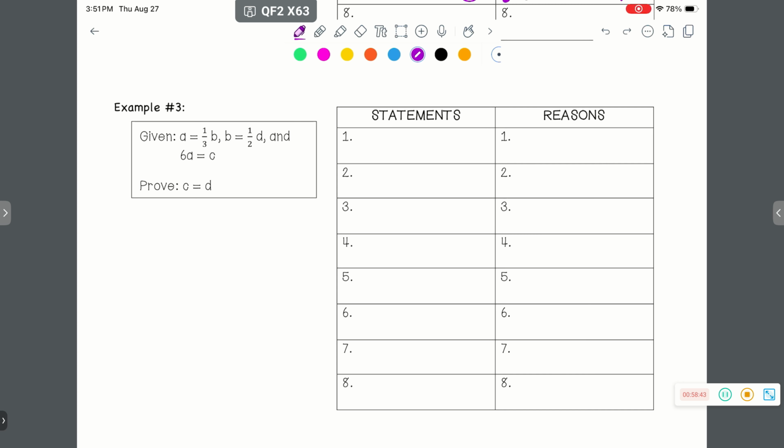Alright guys, as I'm looking, I've literally seen at least 6 different ways of people writing this proof. Okay? It's amazing, right? We don't all have to think the same way. Really quick.